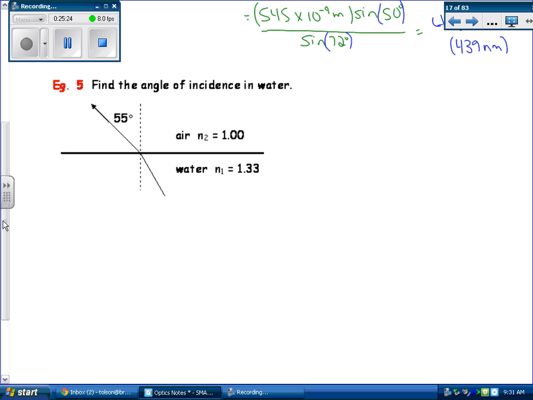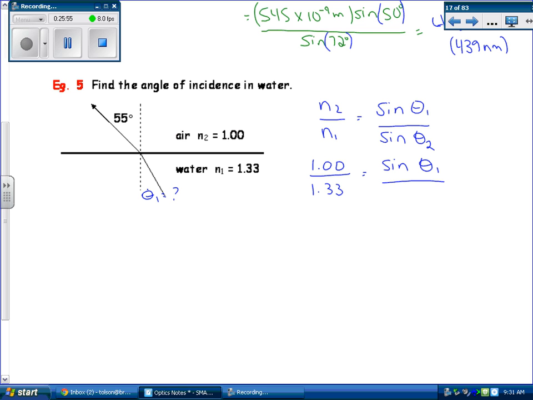Okay, find the angle of incidence in water with this setup. So we have light going from water into air. We're given the indices of refraction of each one, and we're given the angle. We're given theta 2, and we want to find theta 1. So N2 over N1 equals sine theta 1 over sine theta 2. 1.00 over 1.33 equals sine theta 1 over sine 55 degrees.